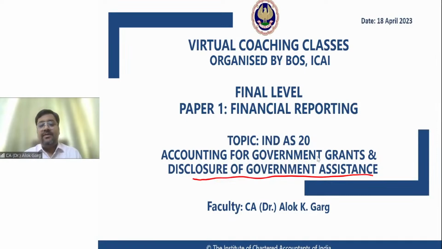So students, this part was not there in CA Inter. This part was not there in AS 12. But we will be discussing this part in Ind AS 20 as well, right? Is that clear?